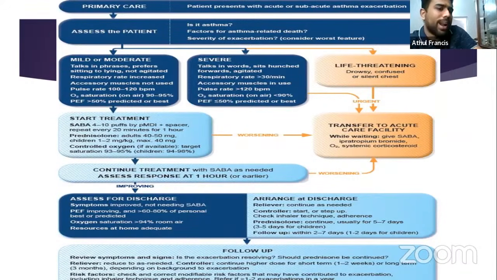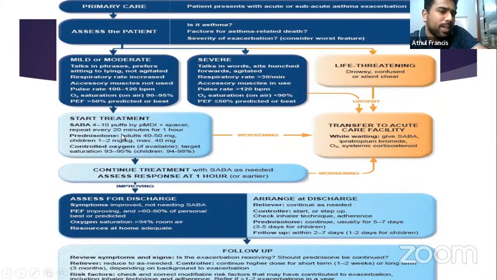So give an oral steroid: in adults 40 to 50 milligram of prednisolone, or in children 1 to 2 milligram per kg, maximum of 40 milligram. If the patient is too toxic and not tolerating oral, give an injection, such as prednisolone or hydrocortisone, a short acting steroid, and always target a saturation of 93 to 95.